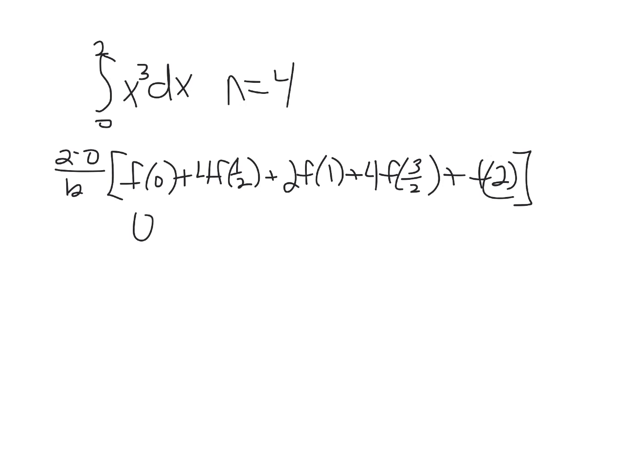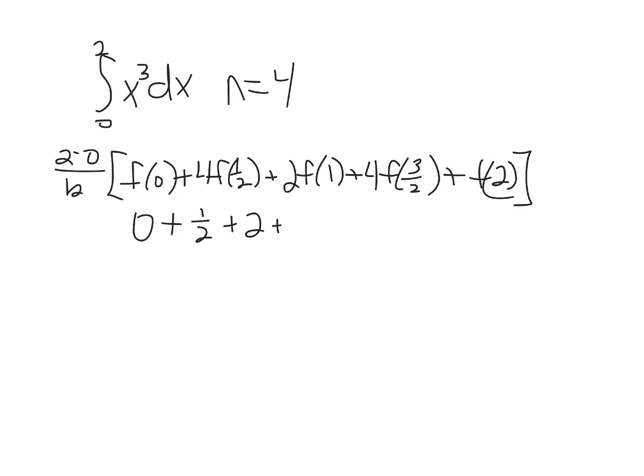Put 0 in and get 0. 1/2, get 1/8. 1/8 times 4 is 1/2. Put 1 in, get 1. Times 2 is going to be 2. 3/2 to the third is going to be 27 over 8.